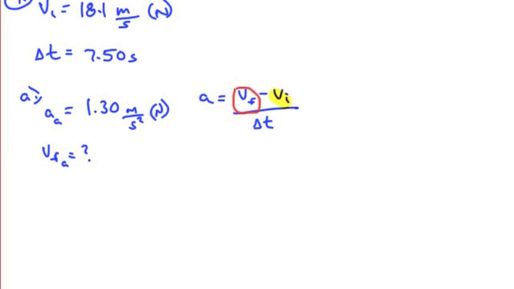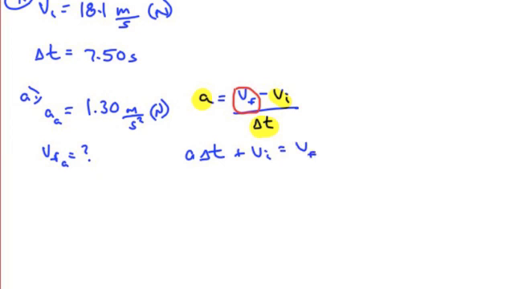We're told the initial velocity, the acceleration, and the time. So we bring our delta t up with A, or A times delta t, and we add VI to both sides, plus V sub I equals our final velocity.